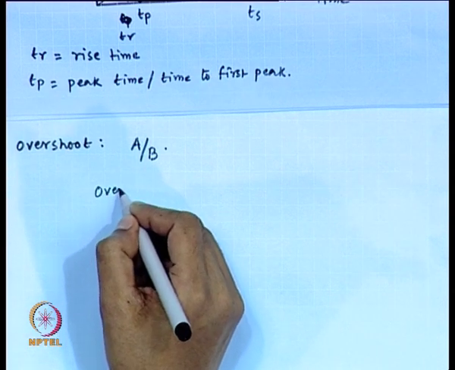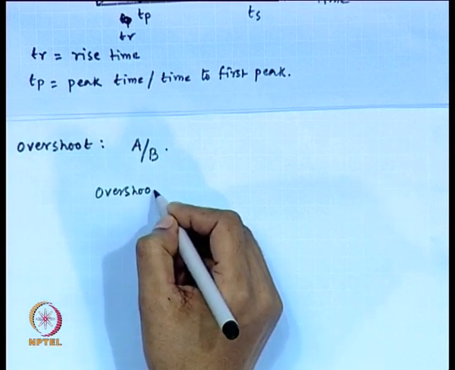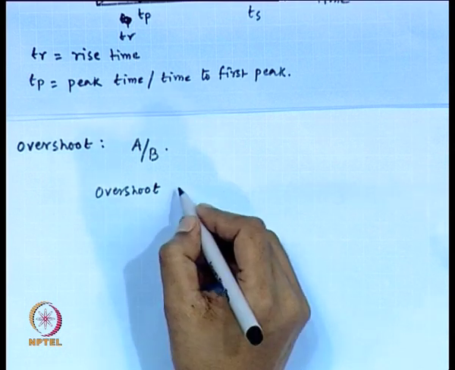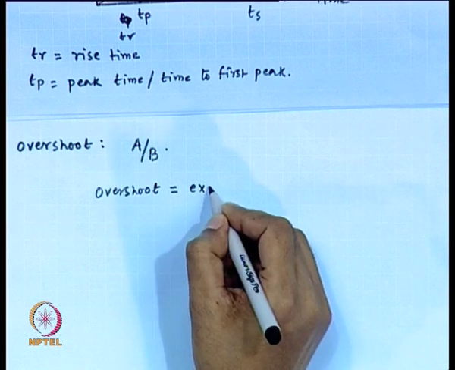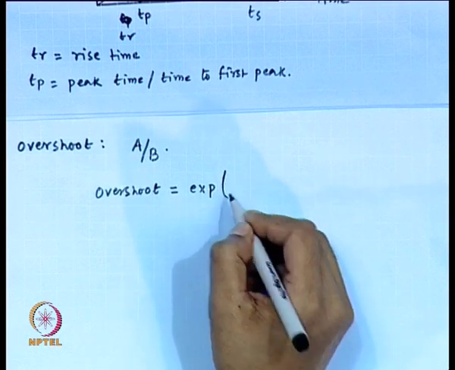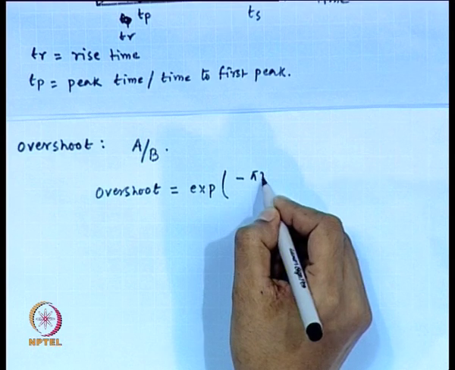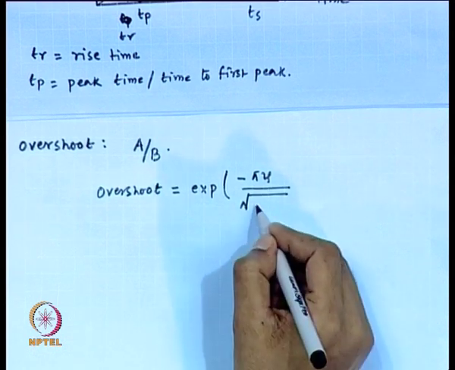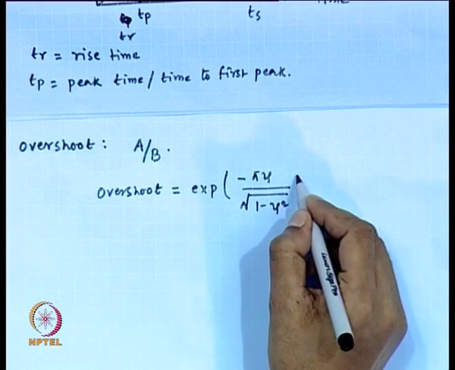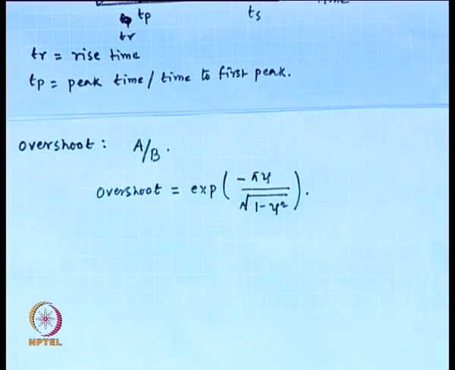The mathematical expression for the overshoot is represented by this equation: exponential of minus pi zeta divided by root over of 1 minus zeta square. This is the expression for overshoot.